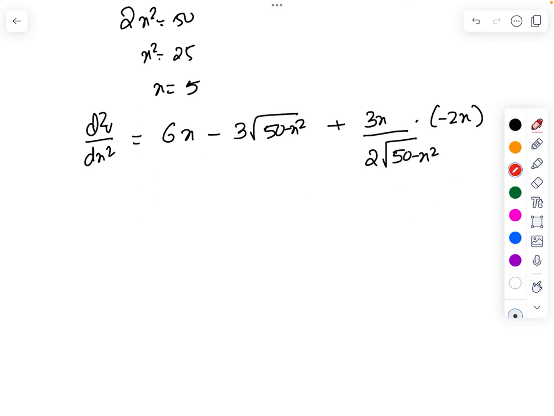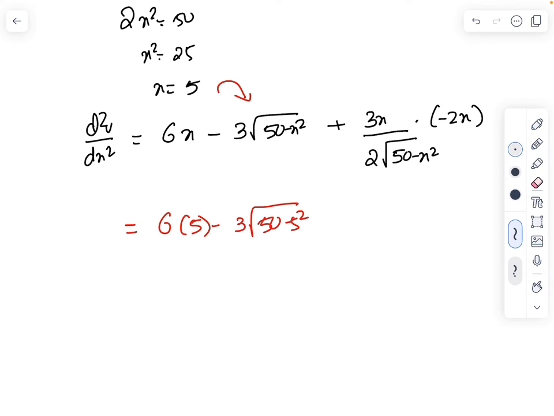Now I'm going to plug in x equals 5 in this. When I plug in x equals 5, it becomes 6 times 5 minus 3 square root of 50 minus 5 square, and this becomes plus, the 2 gets cancelled, 3 times 5 square divided by square root of 50 minus 5 square.